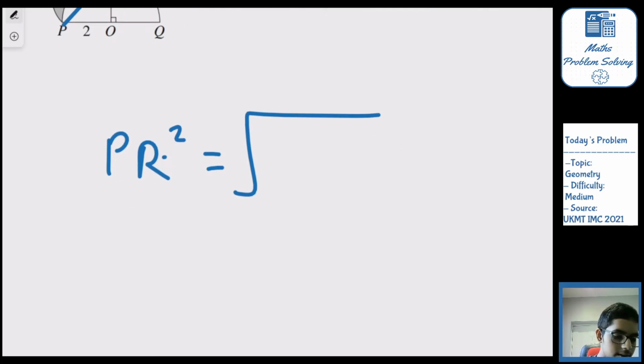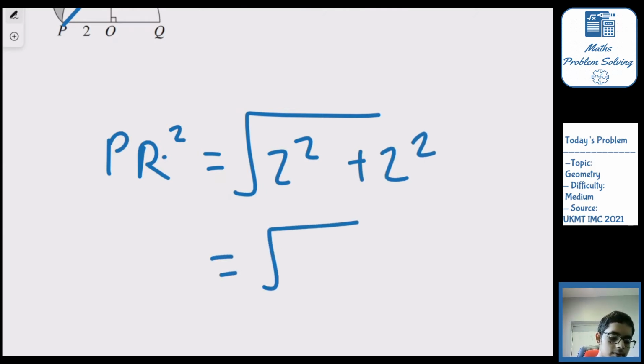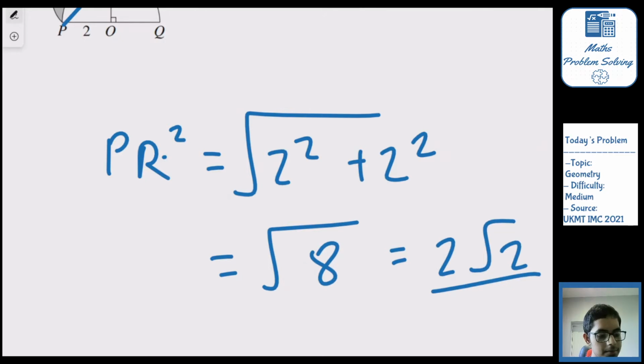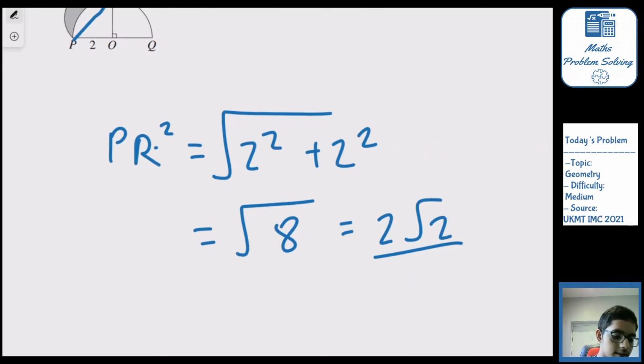So we can write the square root of 2 squared plus 2 squared, which equals the square root of 8, which is 2 root 2. This is PR, not PR squared.